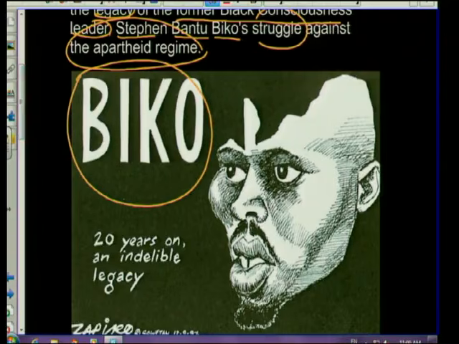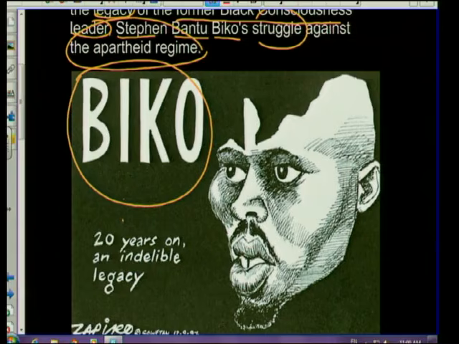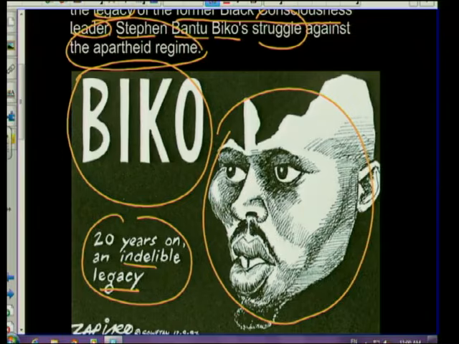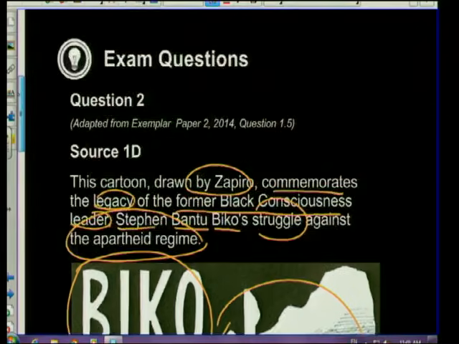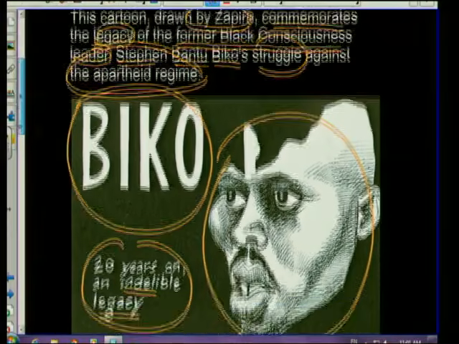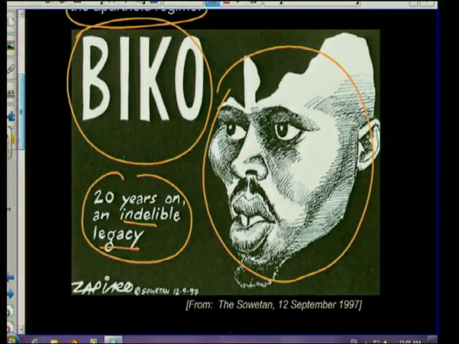If you look at the name of Biko, highlighted in big bold writing, the caption, 20 years on, an indelible legacy, the face of Steve Biko, and obviously it's written on the 12th of September in the Sowetan.